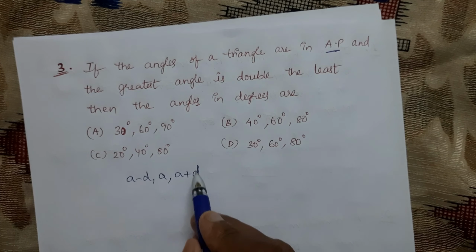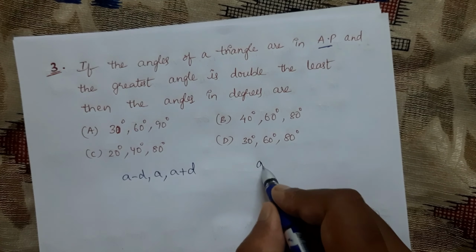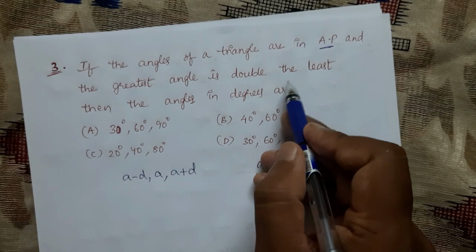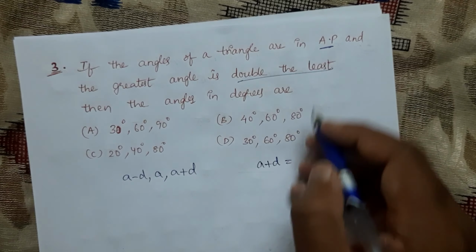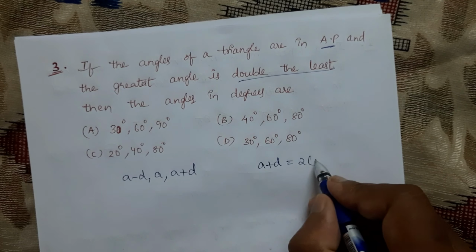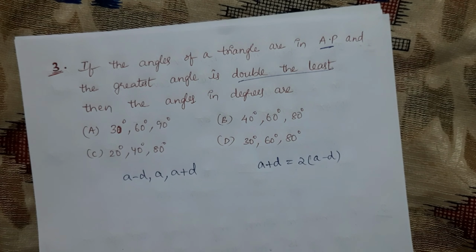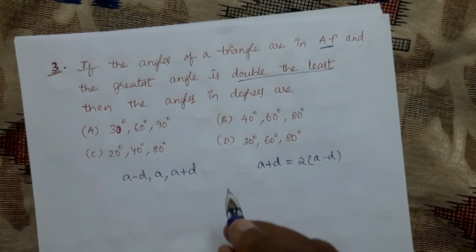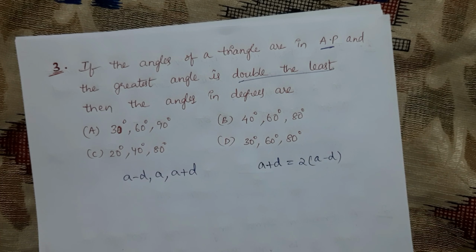The greatest angle is double the least. What is the greatest angle here? A plus D. Double the least means 2 times the least value, and the least value is A minus D. Now based on these two conditions we need to find the angles.